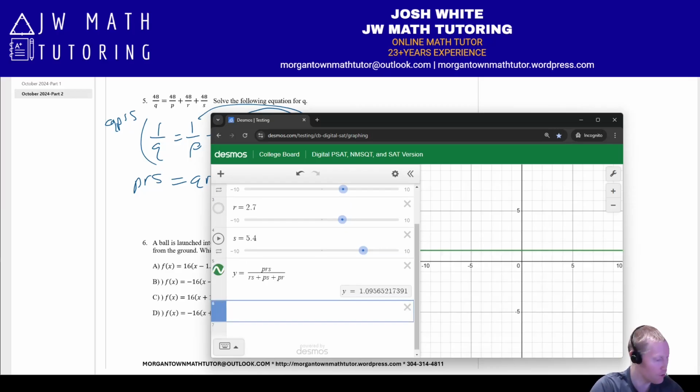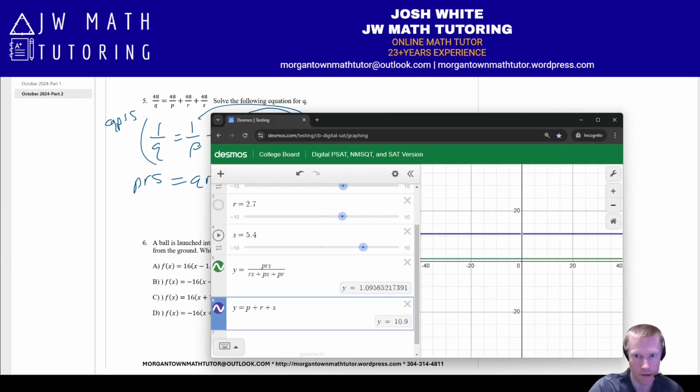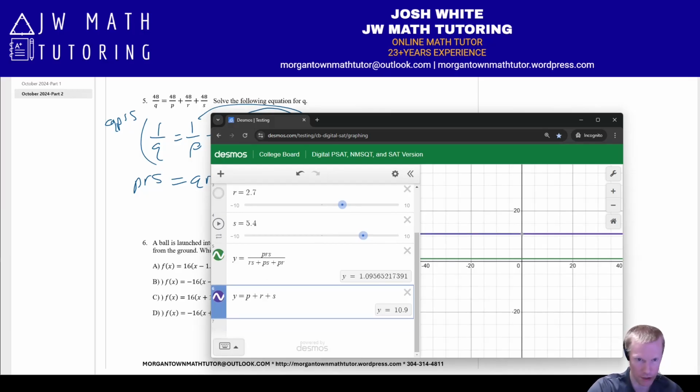If you had another answer choice, say you just flipped it, you thought you could flip everything, and it was P plus R plus S, you can see clearly that's not overlapping. That's not the same line, therefore it's not equal to it. So that one's wrong.